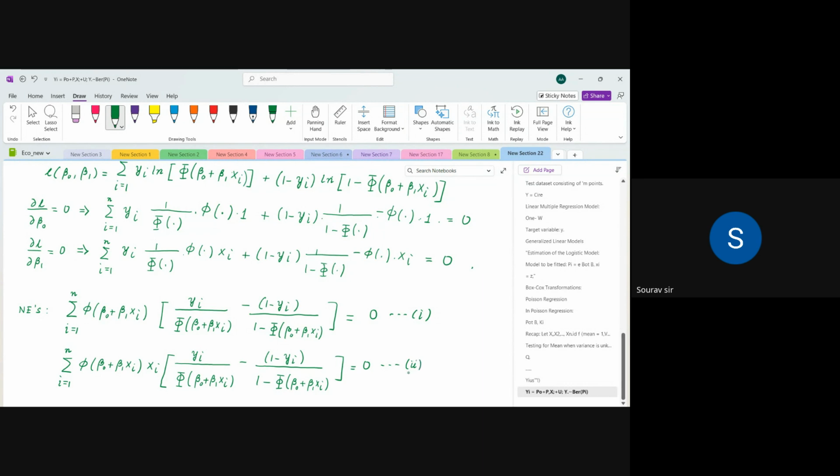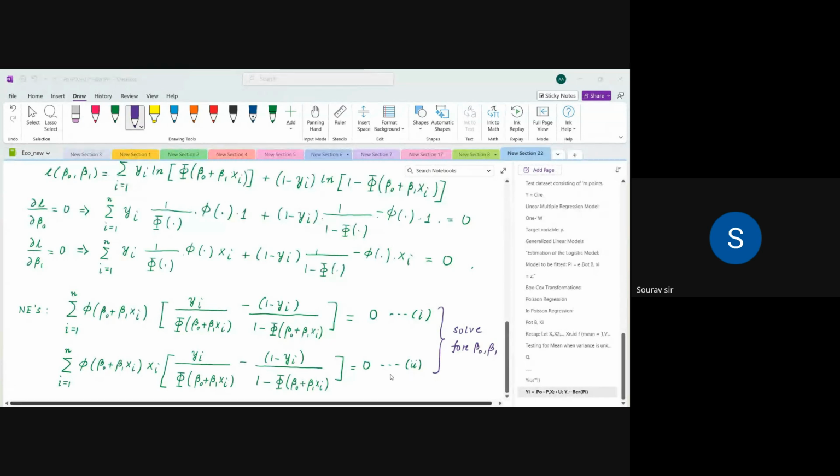Correct. So two equations to solve for beta naught and beta 1. Right? Correct. Now interestingly, Rahil, one more thing, जो शायद I had told you once, long time back, that these two are not linear equations, right?